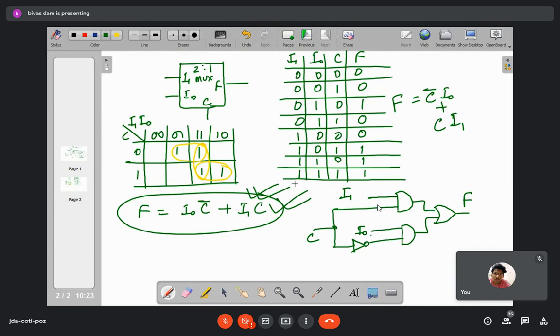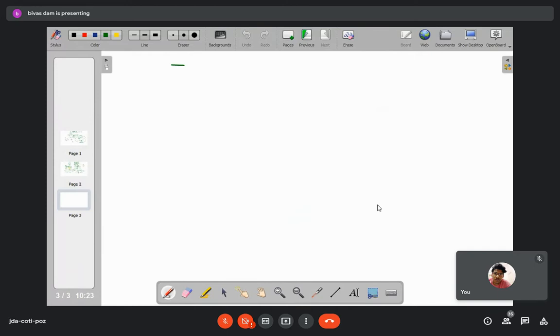Now, can you predict what should be the output expression for one 4:1 multiplexer? So once can put the last slide. Oh, one minute. Let me just draw this one. I'll go back. Okay.